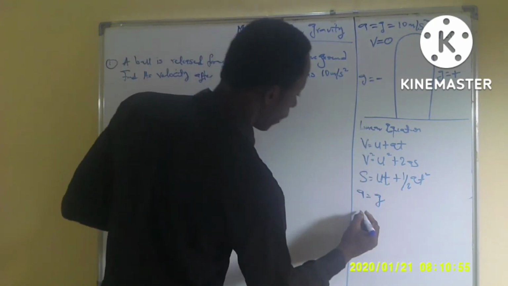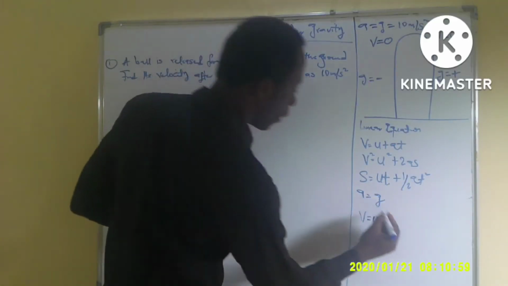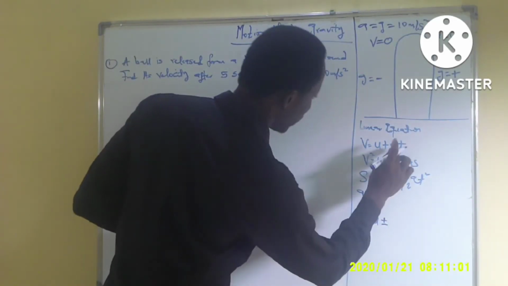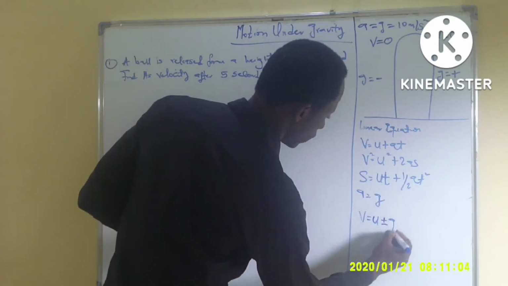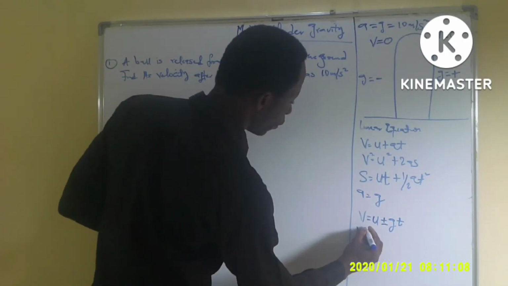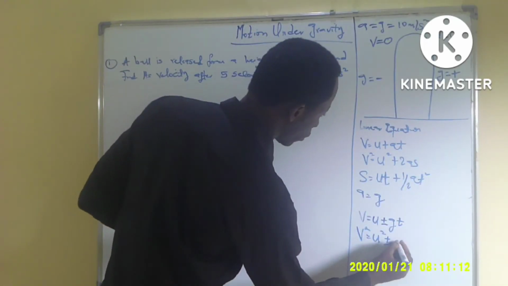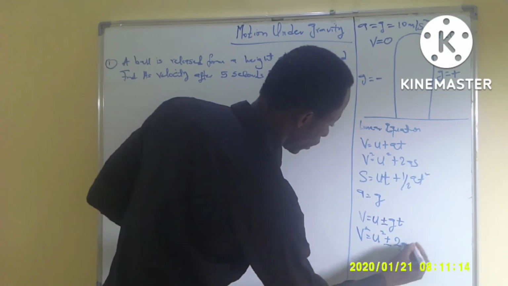So from equation 1, I will now have v is equal to u, plus or minus, since it either goes upward or comes downward, then the a is represented with g, times t. Then equation 2, we have v squared is equal to u squared plus or minus 2gs.